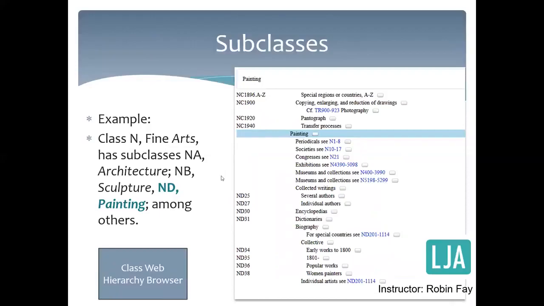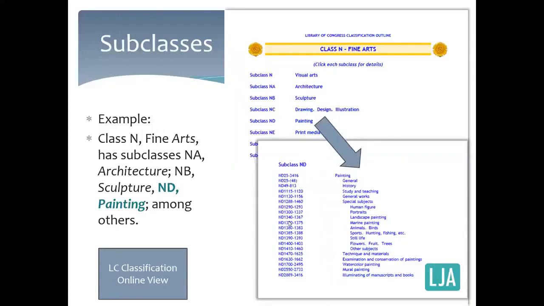ClassWeb is going to give you this very nice indented look if you're looking at the hierarchy, and it's going to give you all these great cross references. So you're welcome to use either, but you may try even experimenting with both.